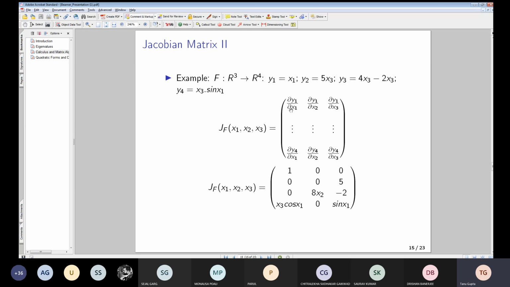Okay, so we all can do the differentiation. If I differentiate y1 with respect to all elements of vector x, since it is just a function of x1, the first entry will be 1 and the next two entries will be 0 and 0. I mean, you guys can do this.